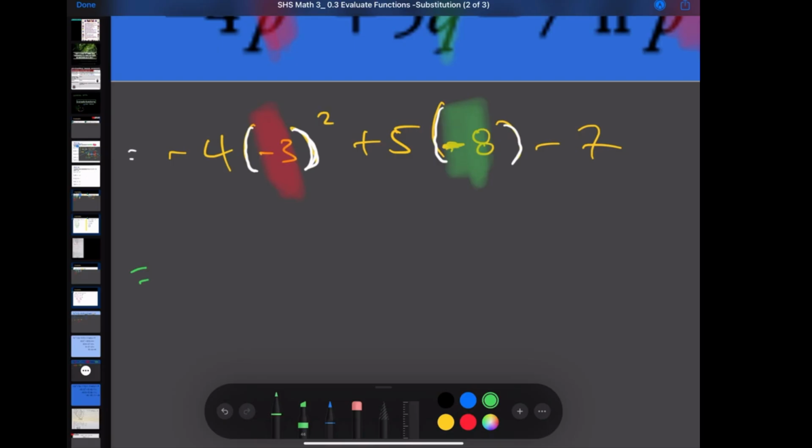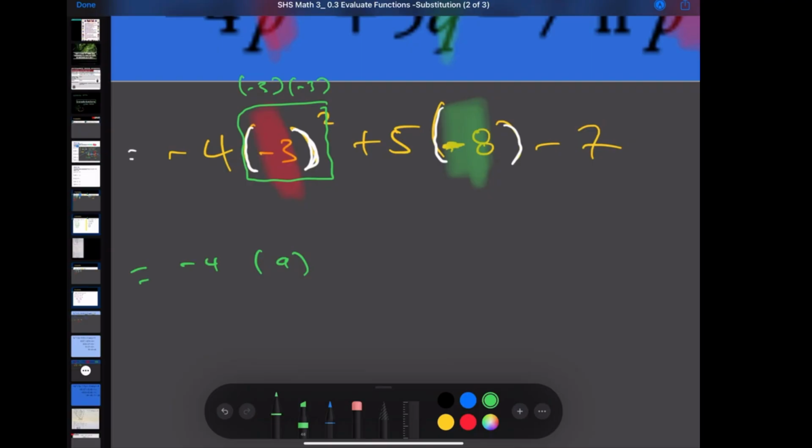What do you want to do first? But this is telling you how many -3 twice, which is what? 9. Thank you. Keep going. So should I subtract 5 minus 8 or multiply 5 times -8?